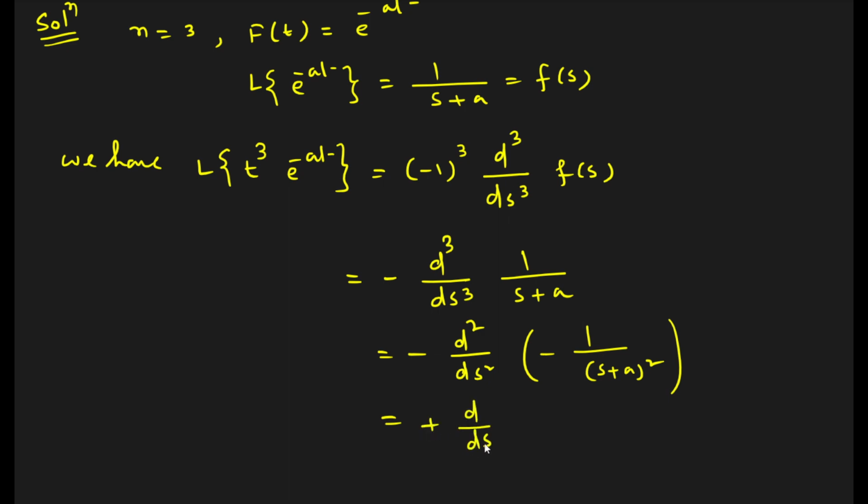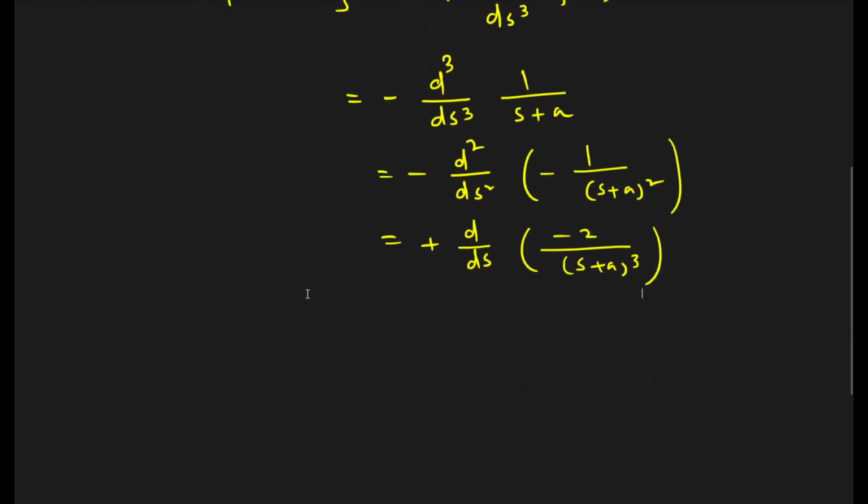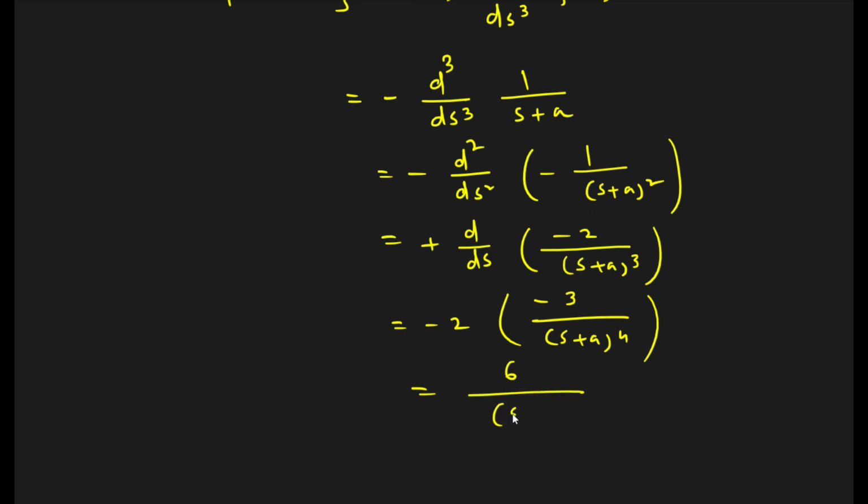Let us differentiate it again. If we differentiate it again, then we will get minus 2 divided by s plus a whole cube. Minus 2 outside. So finally, when we differentiate it again, it will be minus 3 divided by s plus a whole to the power 4. The final answer is 6 divided by s plus a whole to the power 4.